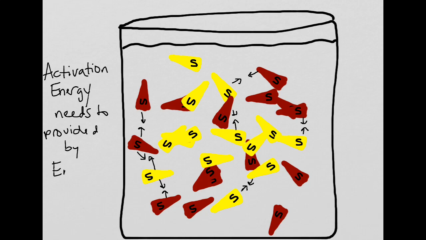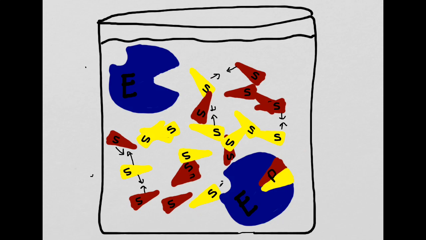Okay, so I added enzyme to this beaker, and you can see that some of the substrate and enzymes are still repelling themselves, but guess what else is happening? Some of these substrates are going to be attracted to the active site of the enzyme.